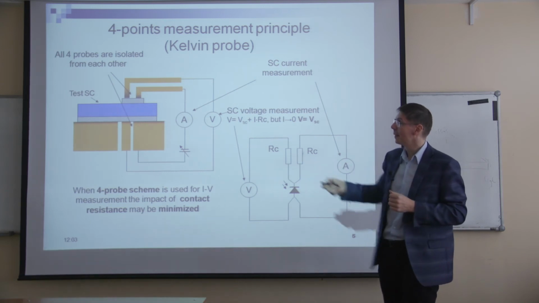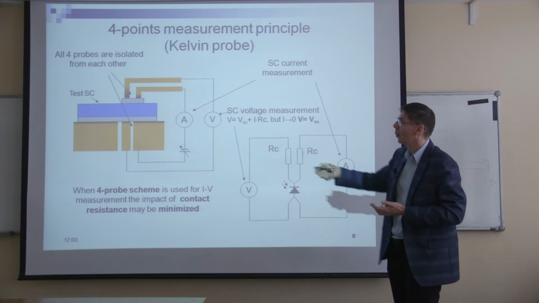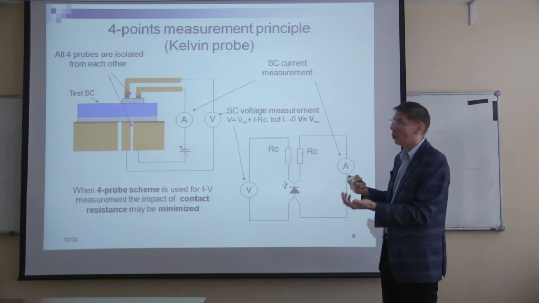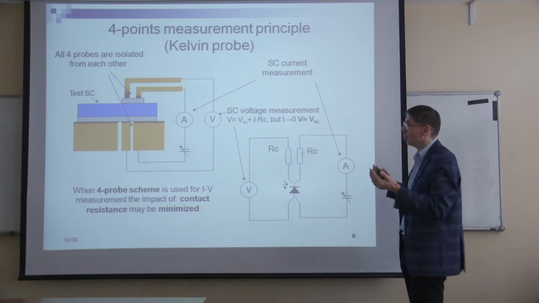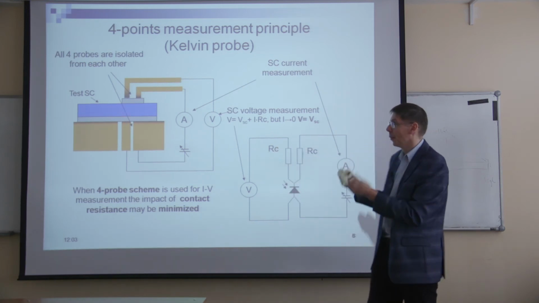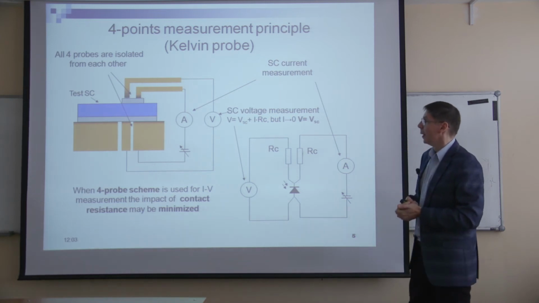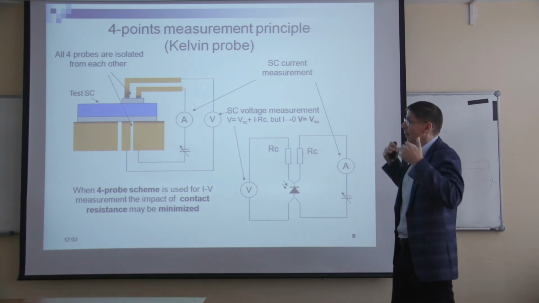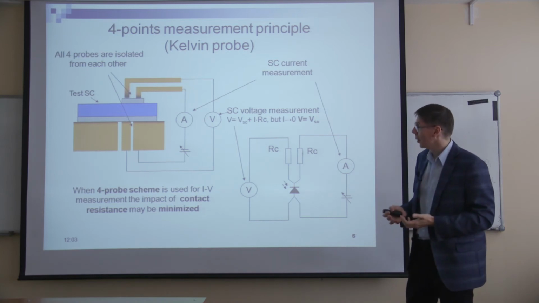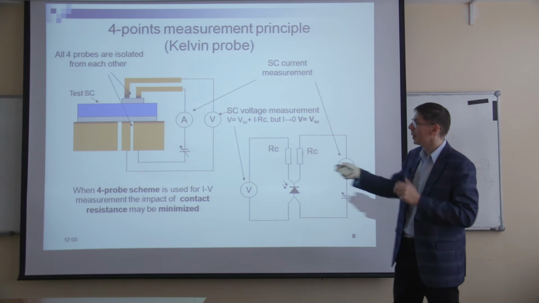In this case, using this principle of the separate contacts, you can be sure that you have a contact between this and this. For example, you just simply measure it. So it's another advantage.